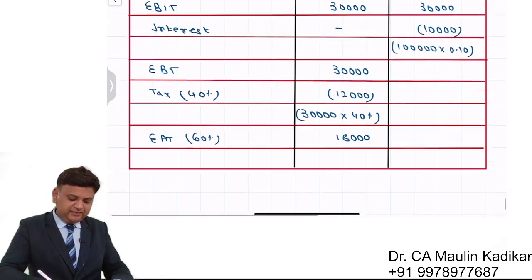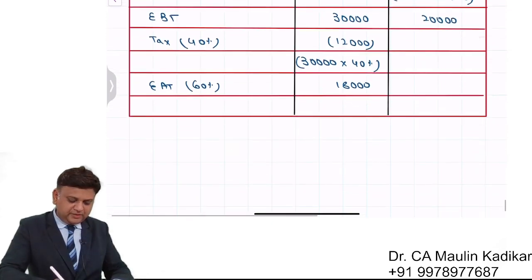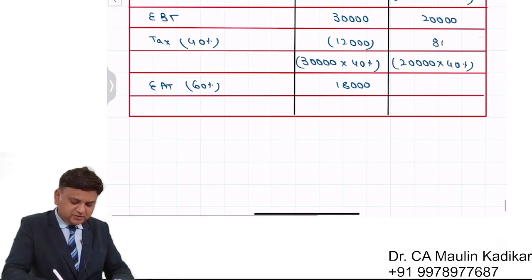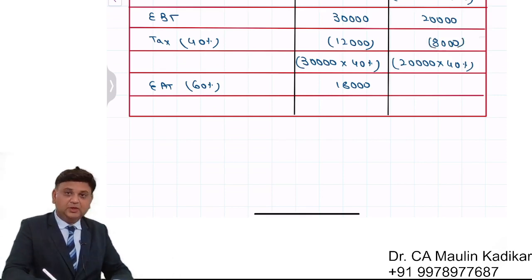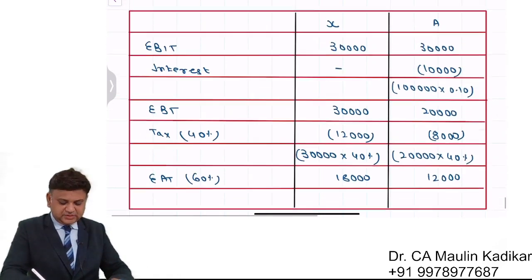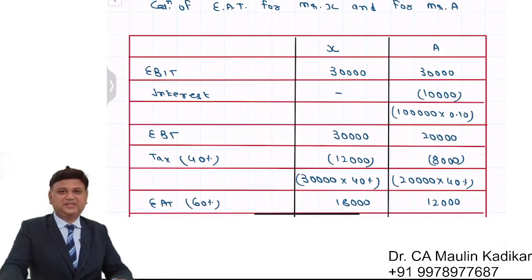EBIT minus interest, EBT, is 20,000. 40% of 20,000 is an amount of 8,000. And the earning after taxes would be 12,000. This is the way earning after taxes will be calculated for Mr. X and Mr. A.